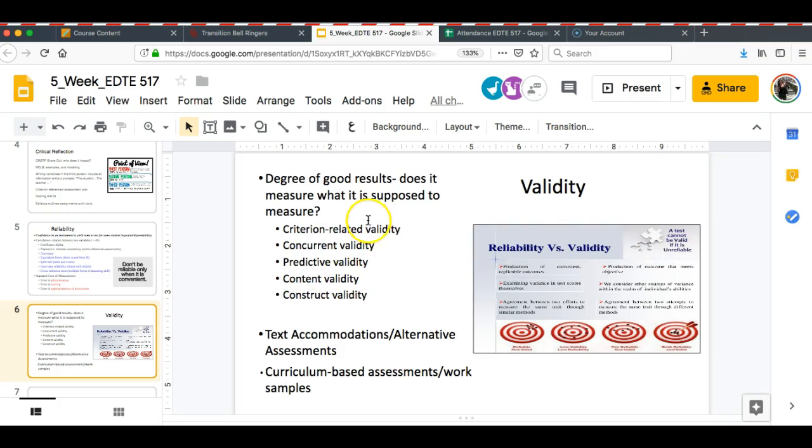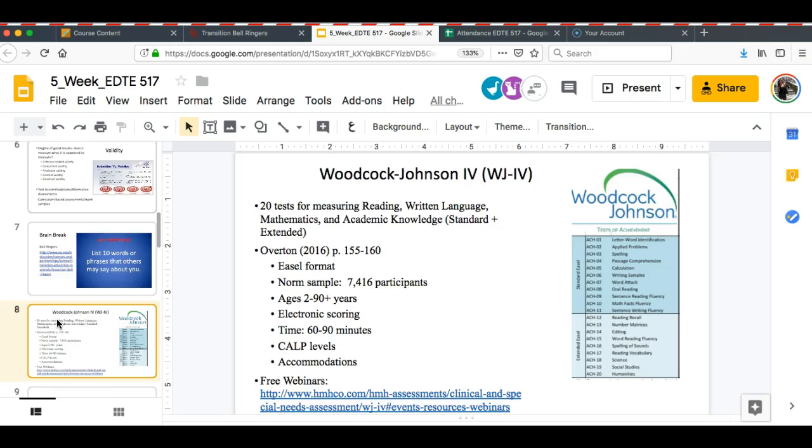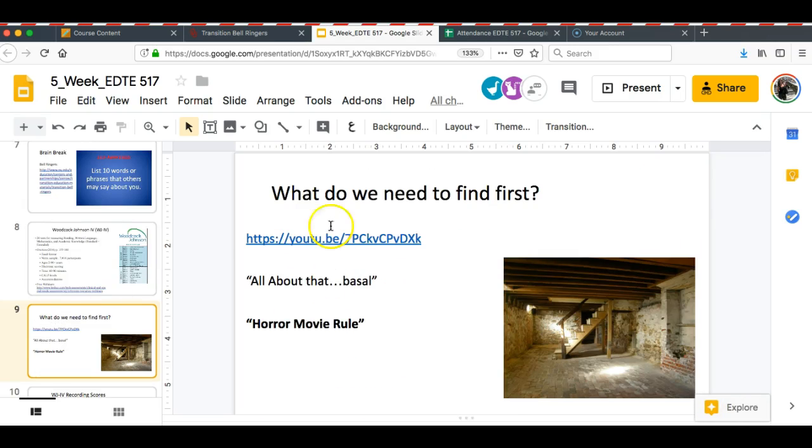Validity is making sure that your measure is actually measuring what it's supposed to measure. So when you're thinking about your criterion referenced assessments, if you are concerned about, for example, fractions, I know I keep using this example, then you're finding good assessments that look at fractions. There's the brain break.